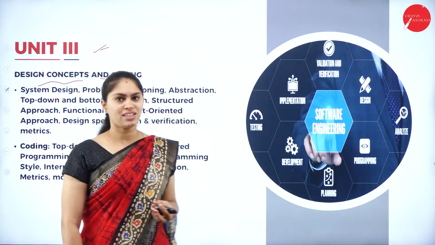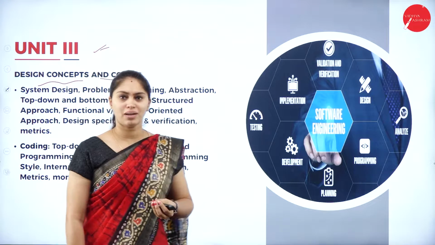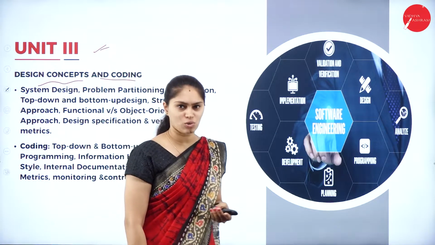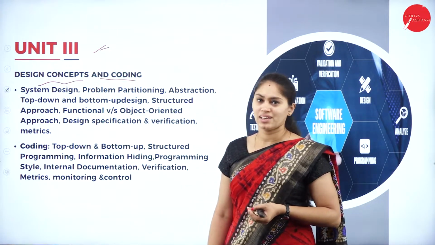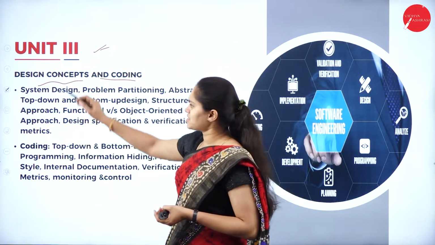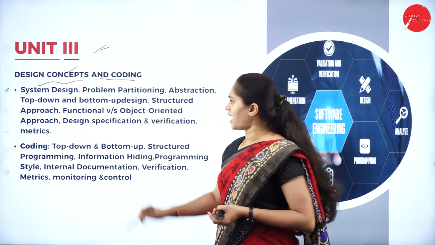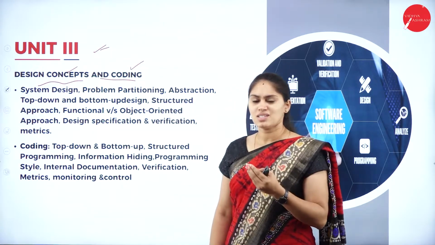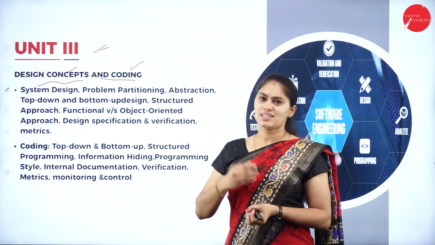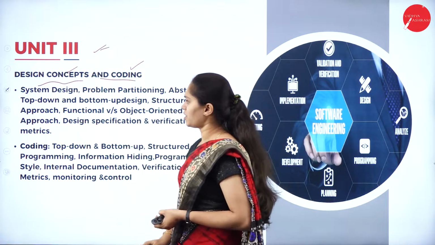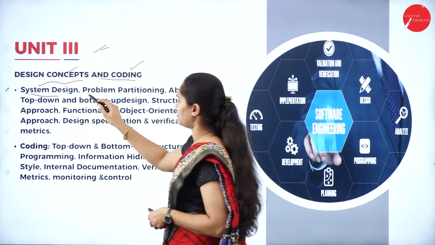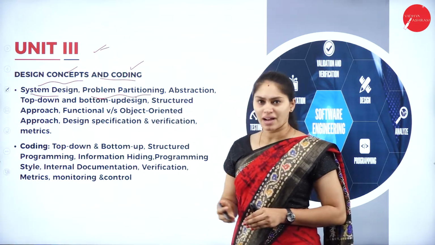After the analysis of all those requirements, by making use of some tools and techniques, we are going to do the designing. That we will be learning in unit 3. This includes the design concepts as well as coding. Coding means we are implementing that design into some workable models. Here we are also going to learn about system design and problem partition.